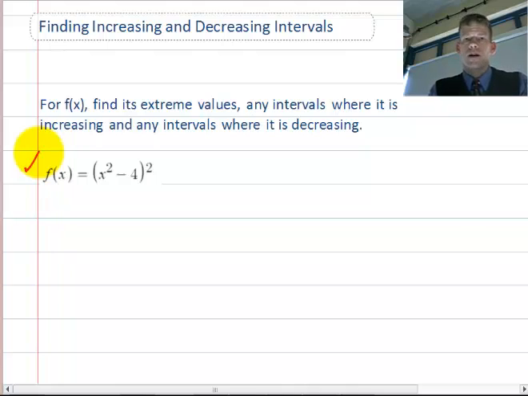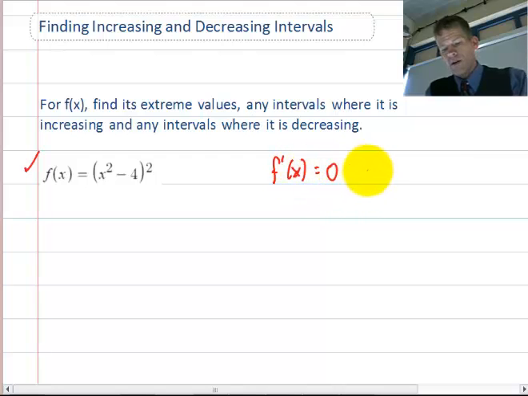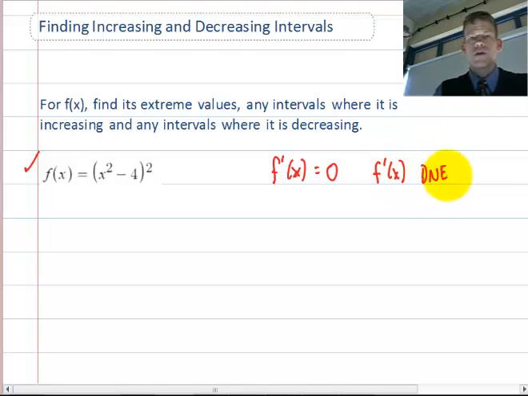So going back to the idea of finding extreme values, that's where you find your critical points by setting your derivative equal to 0 or finding out where it does not exist. And then using those values, you plug them back into the function to see what the extreme values were.